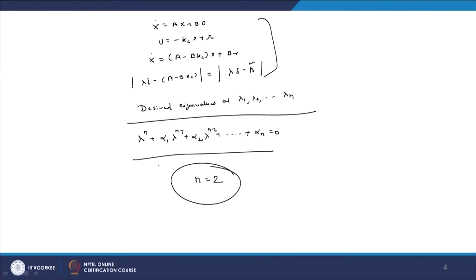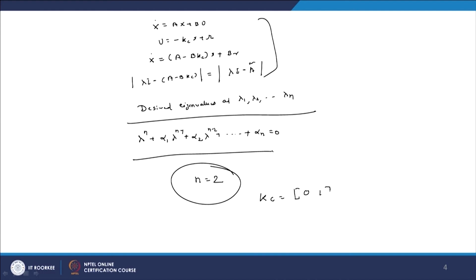Once we get a result for lower order, then we can prove that the similar result we can obtain for the nth order system. So here for simplicity, we will design the controller for n equals to 2 only.